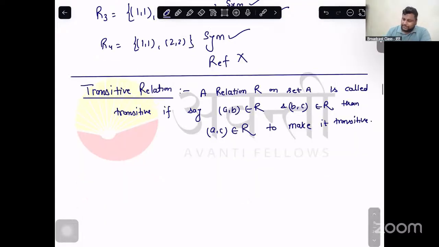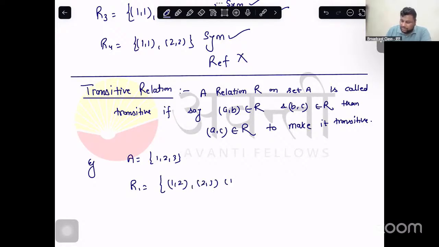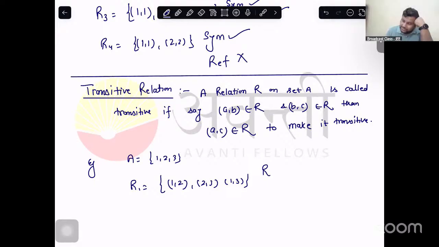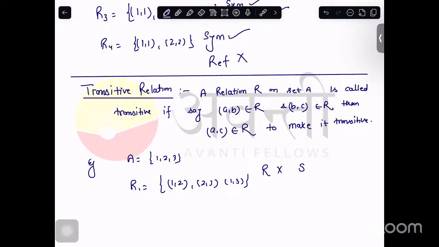Like, take an example. Over the set A = {1, 2, 3}, you define a relation R1 as {(1, 2), (2, 3), (1, 3)}. Is it reflexive? No, sir. Is it symmetric? No, sir.